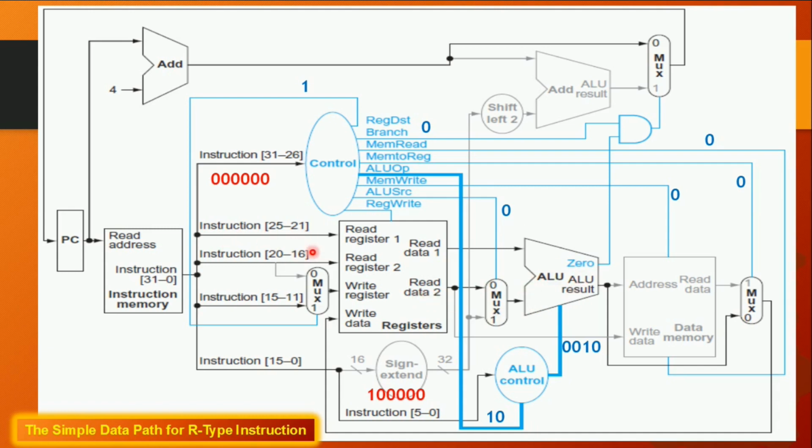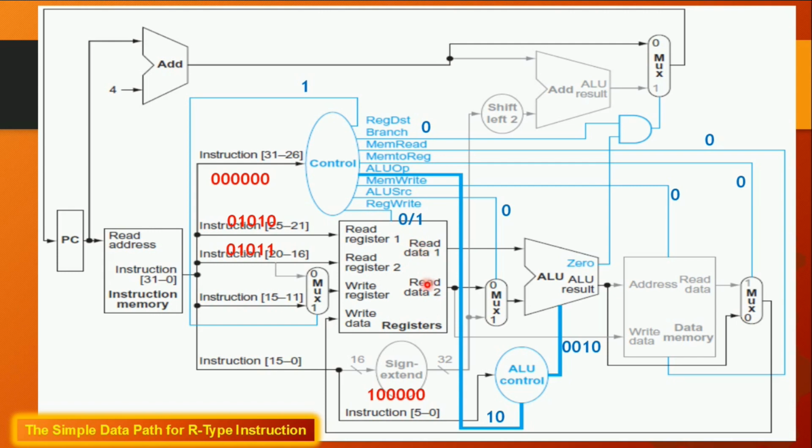Now, which registers are to be read? For that, the second and third fields of the instruction will be analyzed. This is the register number for RS, and this is the register number for RT. Initially I have to read the data from the registers, so the RegWrite signal will be 0, deasserted. At that time the register file will be in read mode.